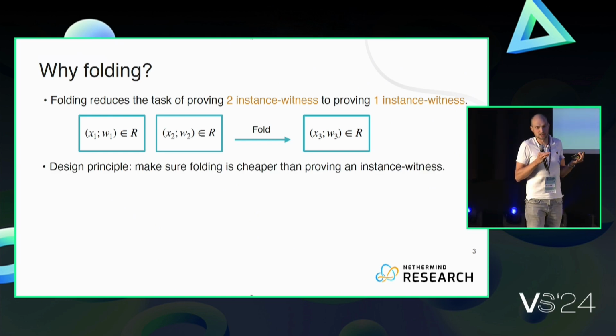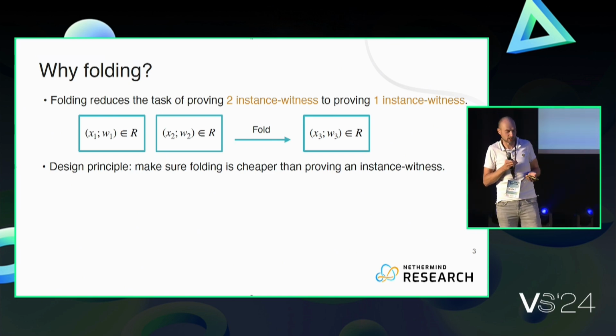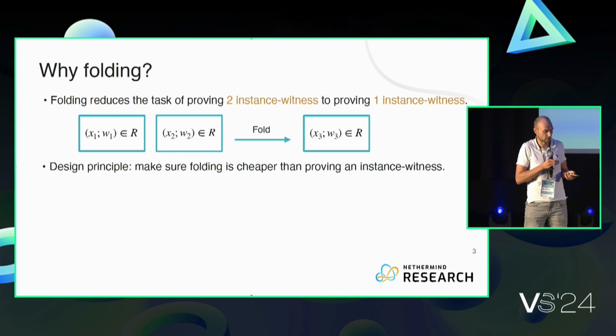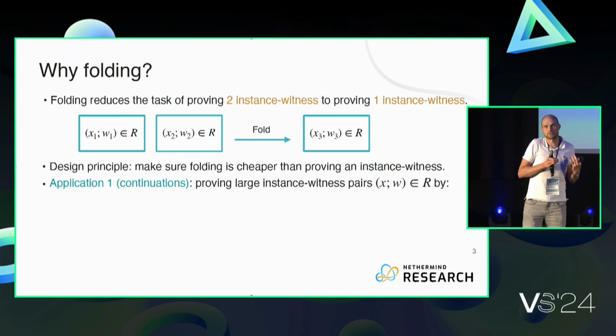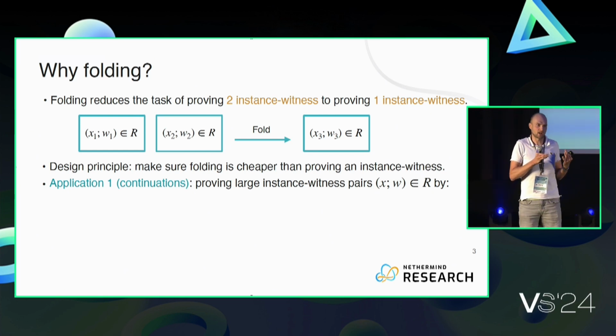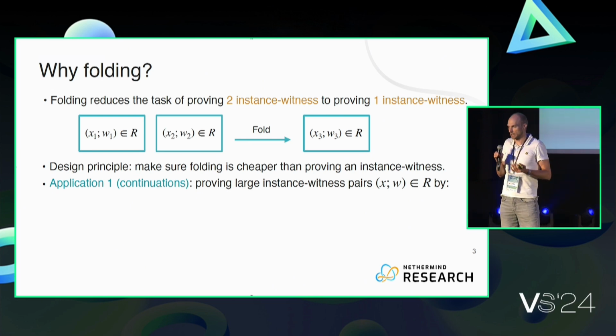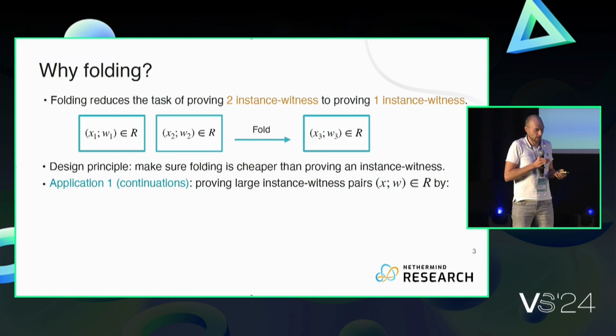Here we need a design principle, namely the folding itself needs to be relatively cheap, cheaper than proving the instance-witness. One of the applications of folding is so-called continuations. Imagine you have a super big computation, think about a zkVM execution.